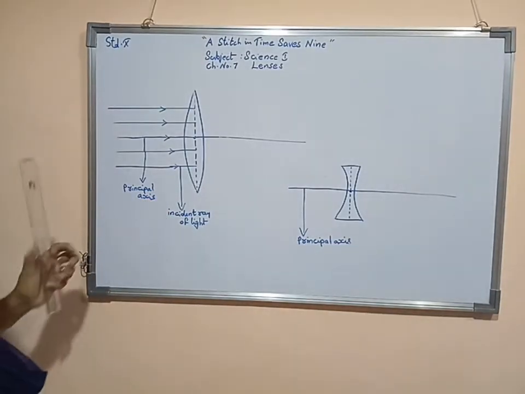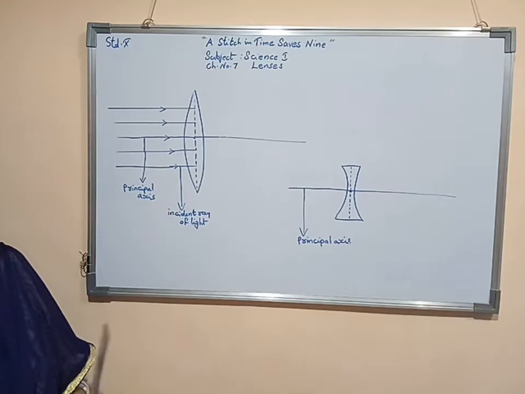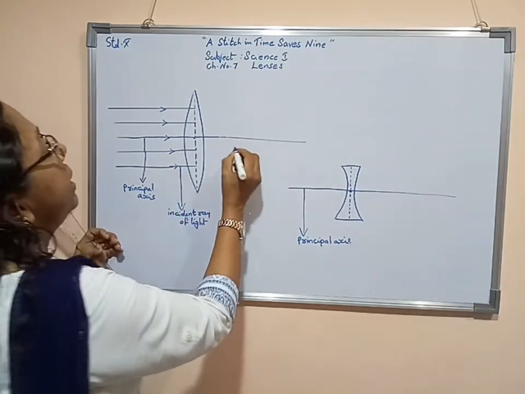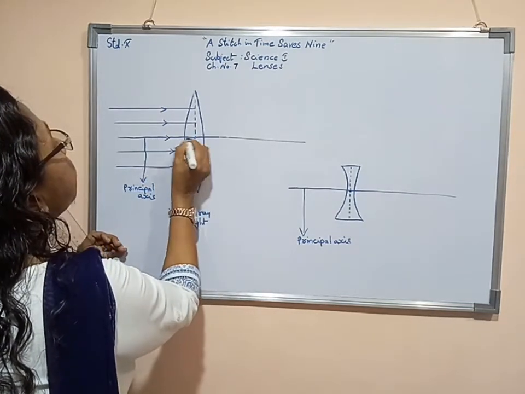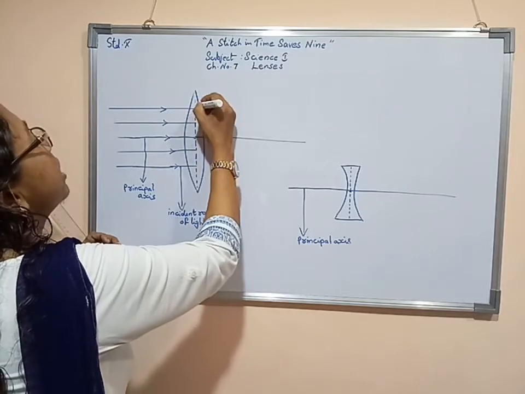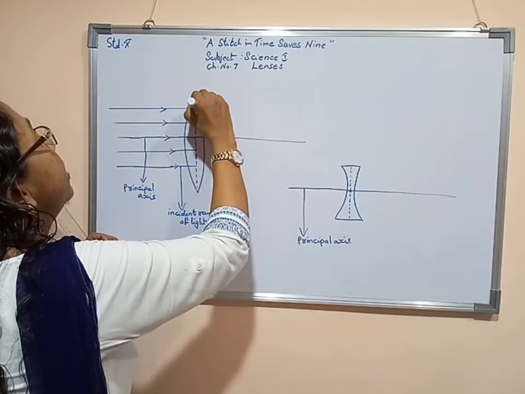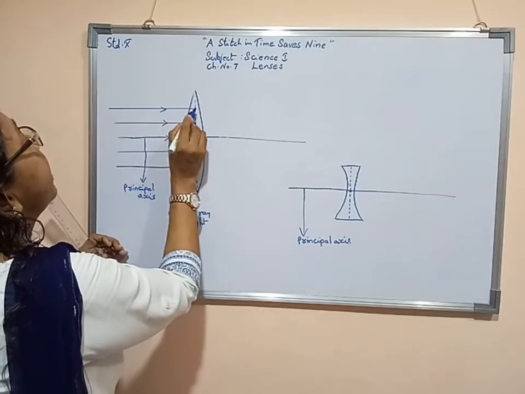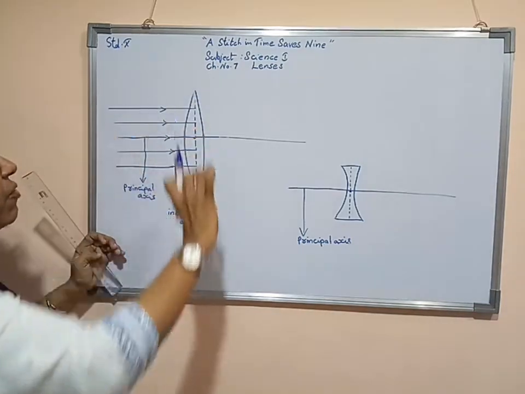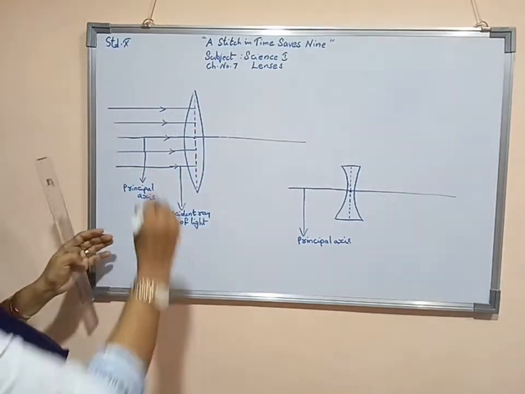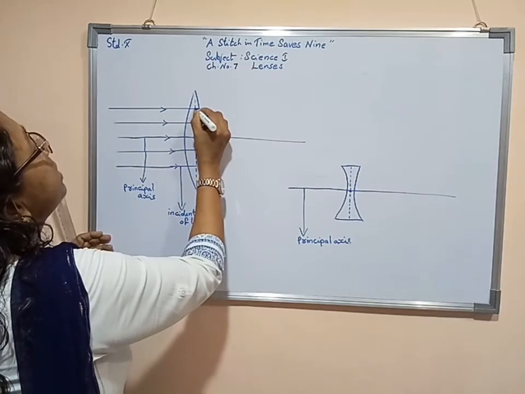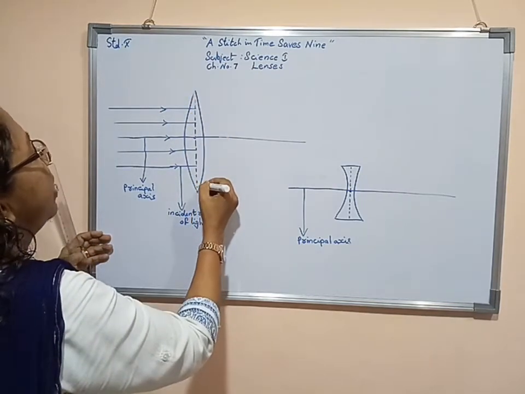Now the speciality we are studying is what is principal focus. For that we have to find out what is principal focus. You can see that the incident ray, the rays of light coming from any source, go and hit the middle part of the lens.